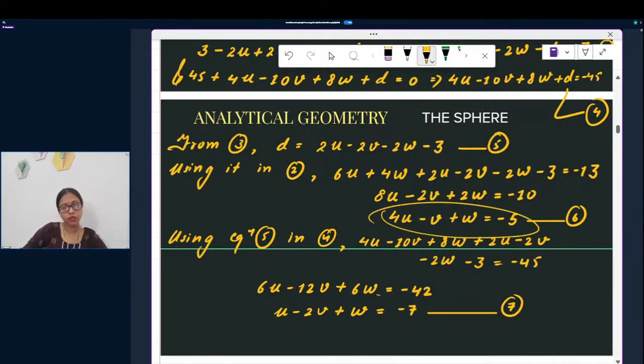You see we have only 3 variables left now. So let's eliminate w now.